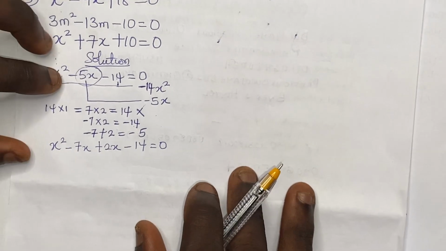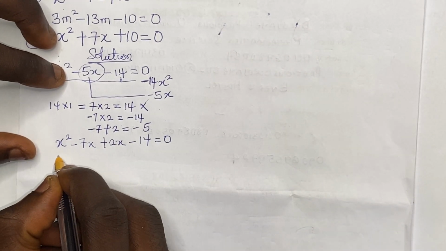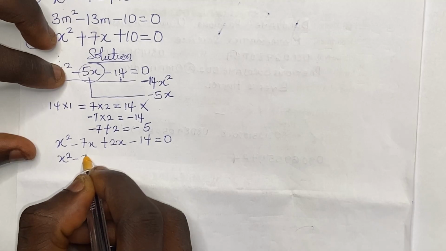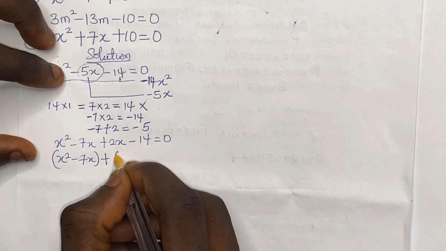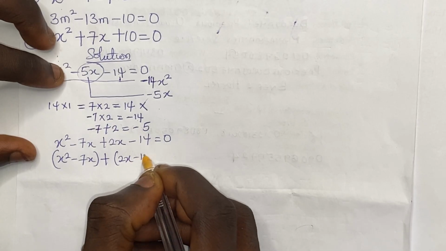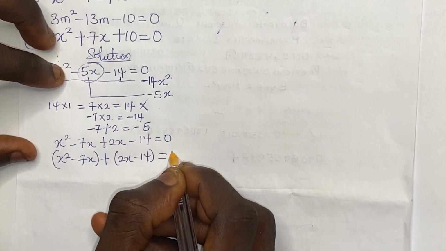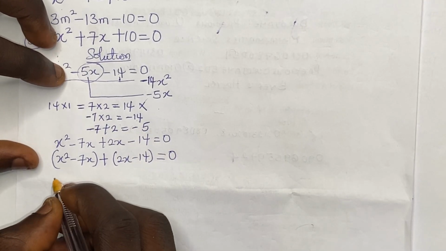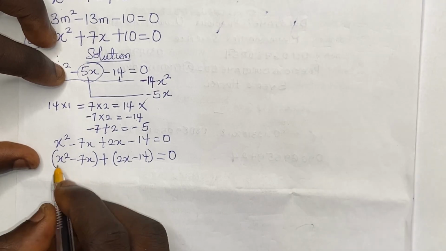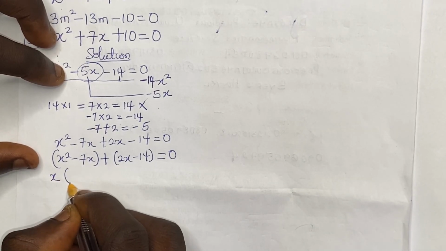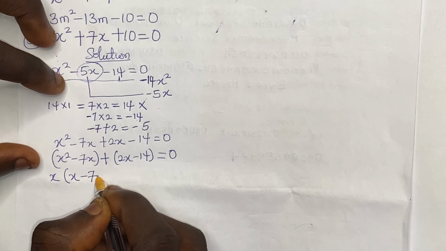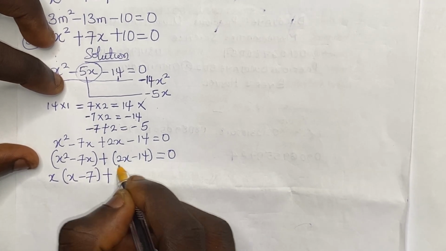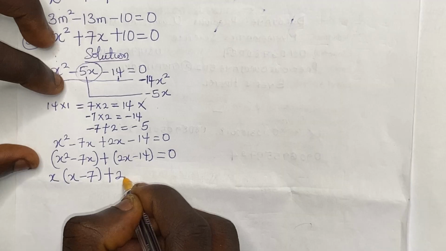All right, so the next thing to do is to group them in twos: x squared minus 7x together, then plus 2x minus 14 together, equals 0. Then you take out what is common in the first pair, which is x. It will remain x minus 7. Then what's common between the second pair? 2.